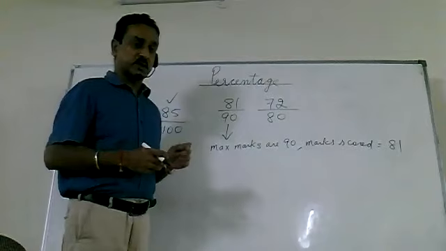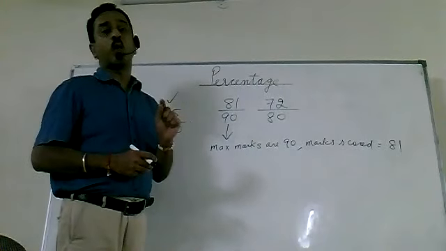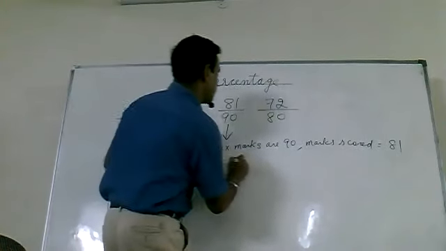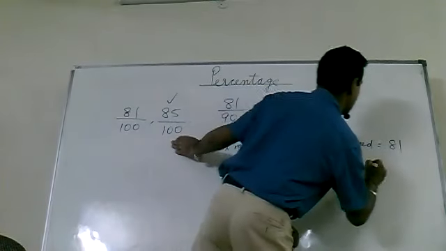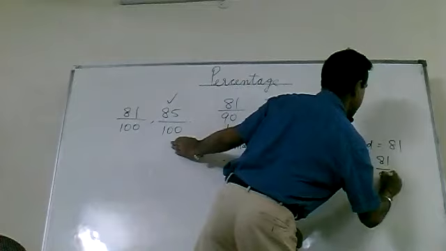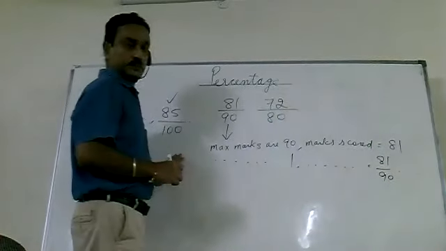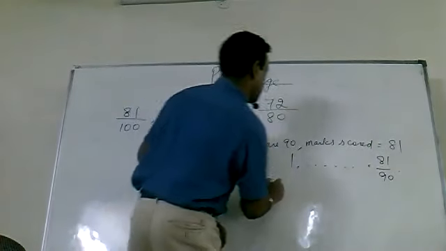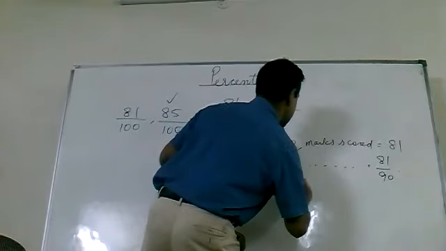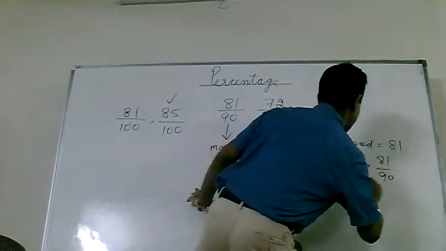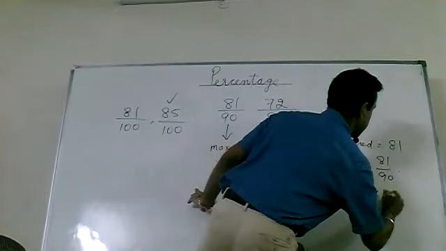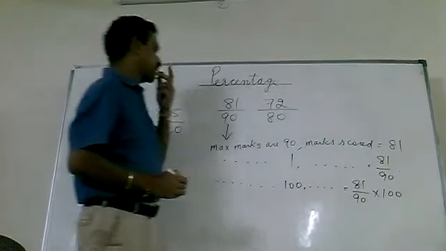In the unitary method, we calculate for one quantity. If the maximum marks are 1, the marks scored will be 81 upon 90. If the maximum marks are 100, right? So the marks scored will be 81 by 90 multiplied by 100.